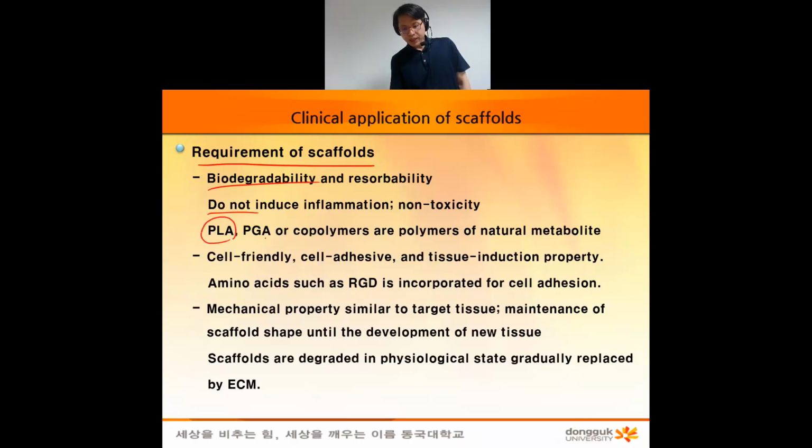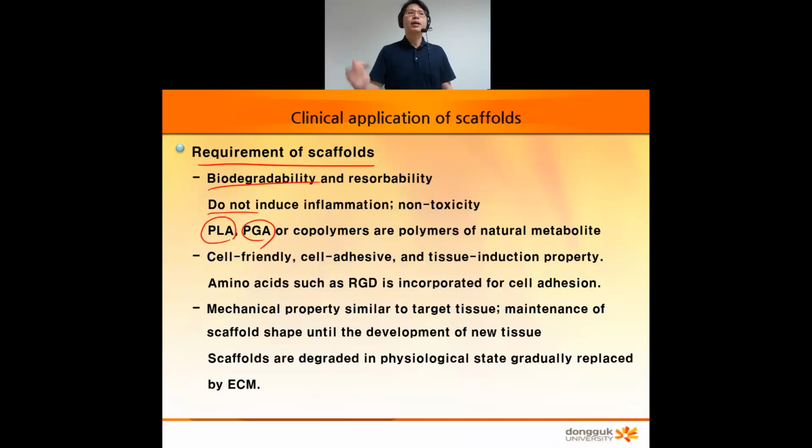Usually PLA and PGA or their copolymers such as PLGA are widely utilized as scaffolds because those polymers are polymers of natural metabolites. I mean the lactic acid and glycolic acid are natural metabolites and they are the monomers of those polymers.